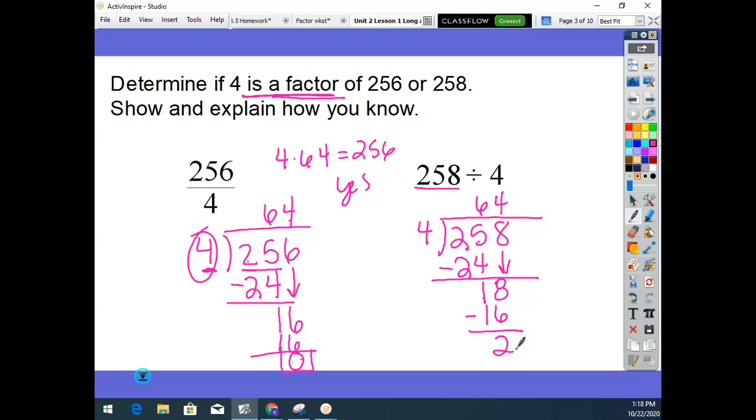Subtract, and we get a remainder of 2. We're not going to do the decimal and all that other stuff. So if you get to your last number and there's a remainder other than 0, it is not a factor. And what we could do is just put this 2 over 4, and that's how you can write remainders.